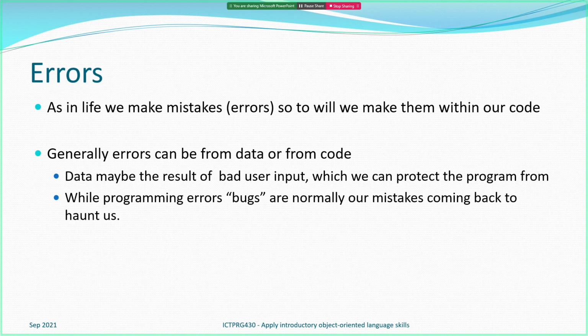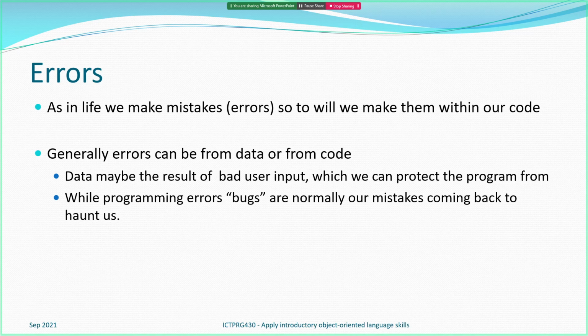Coding will always develop some form of error, whether that's our mistake due to our typing, or if we've made an error in judgment and not given the correct number of parameters.